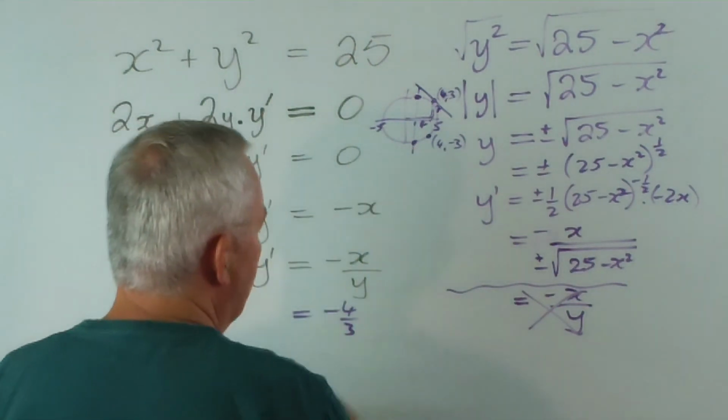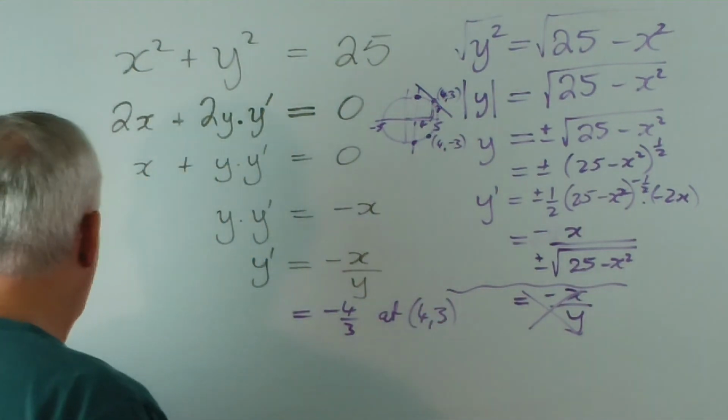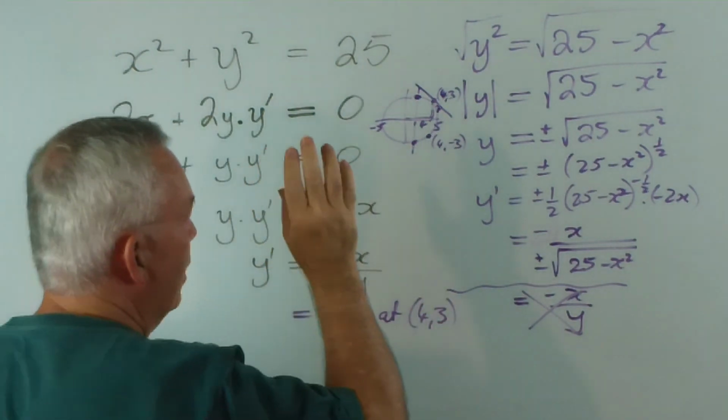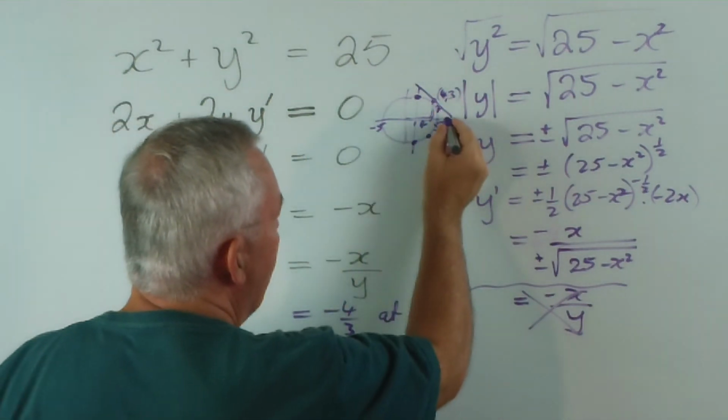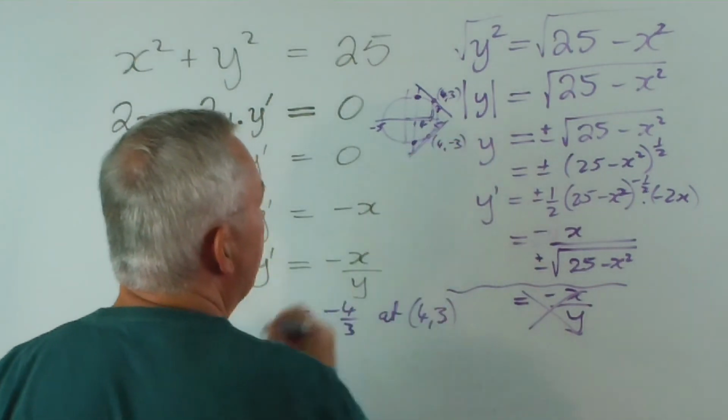What if I wanted, I should put here, at 4, 3. What if I wanted the gradient of the tangent here at the point 4, negative 3?